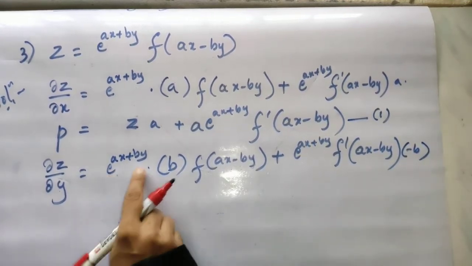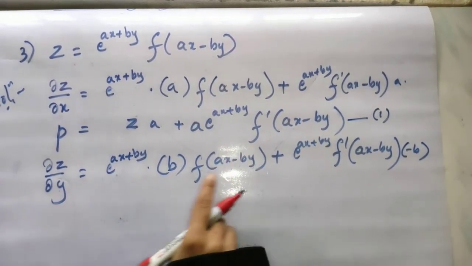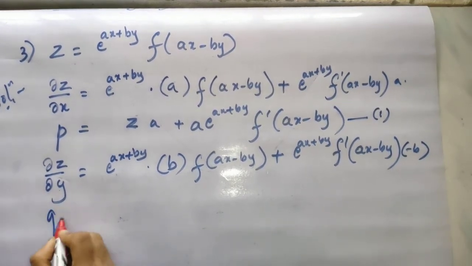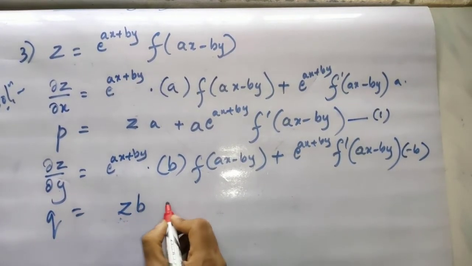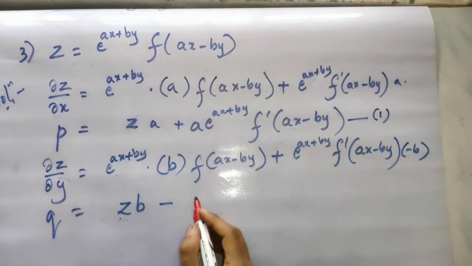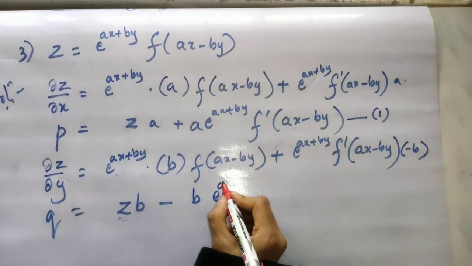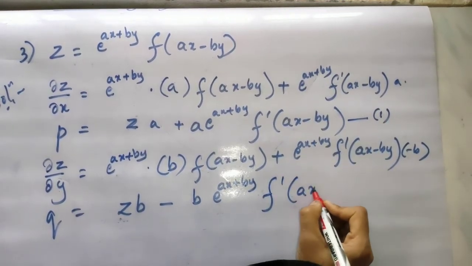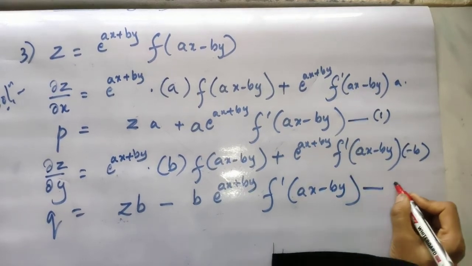Okay, once again this and this multiplied together is nothing but z, and ∂z/∂y you write it as q is equal to z into b, minus sign I'll take it, multiply this minus sign with this plus sign, it is minus b e to power ax plus by into f dash of ax minus by. Okay, call this equation 2.